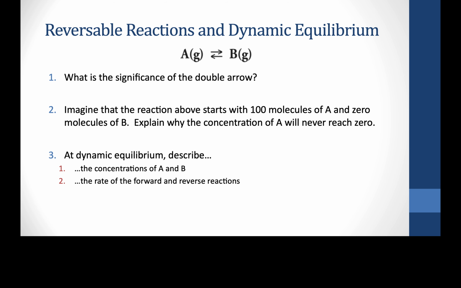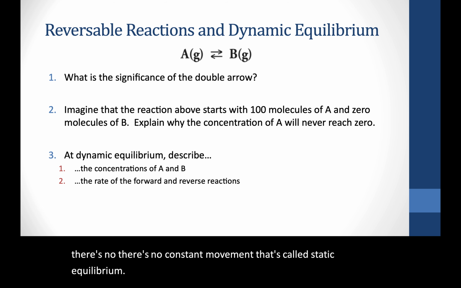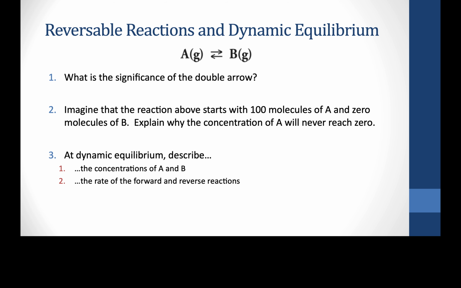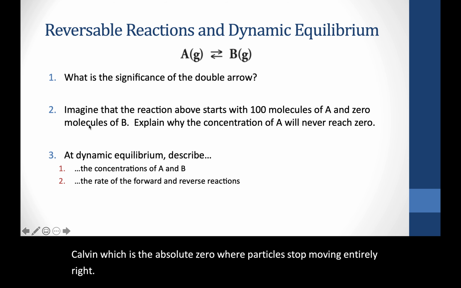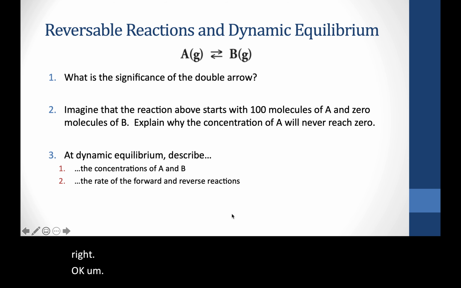For us in chemistry, it's always dynamic. There's always movement. The only time there's no movement is at 0 Kelvin, absolute zero, where particles stop moving entirely. So as long as you get the answer to number 3 here, that's the main point. The last 2 minutes of me talking is just a little extra.